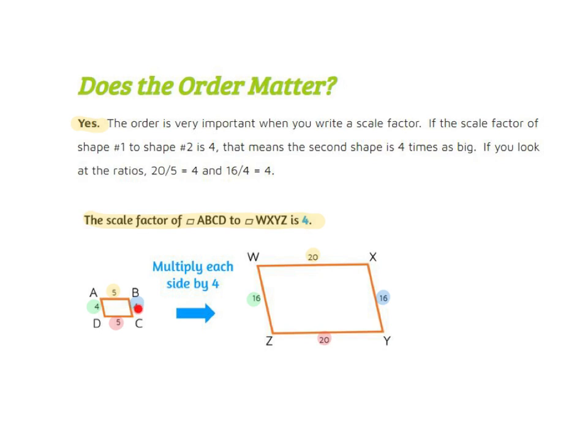The blue, 4 times 4 would be 16. 5 times 4 would be 20, and then 4 times 4 is 16. So we're multiplying everything over here by 4 to get to this figure over here.